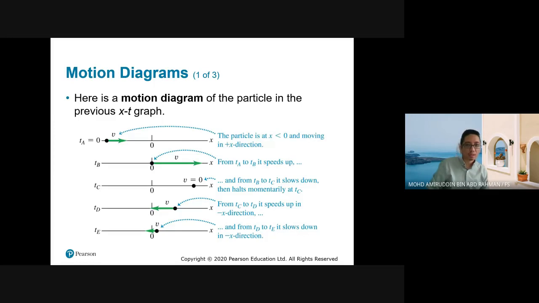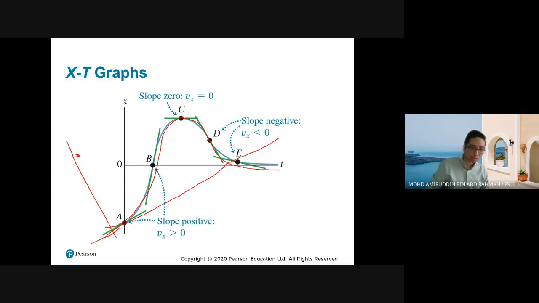And then after 0 it speeds up. You can see it is slow at first and then speeds up to B, and then speeds up again to C.